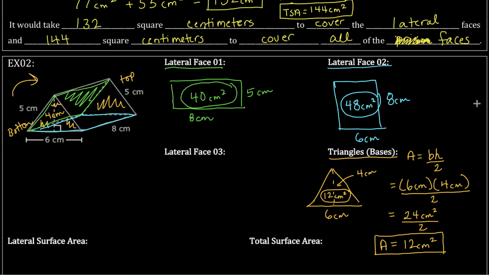And we have one last face to get the area of. Well, let me color this in a little bit. Oops, wrong color. So let's go ahead and get this last face. It's right here.